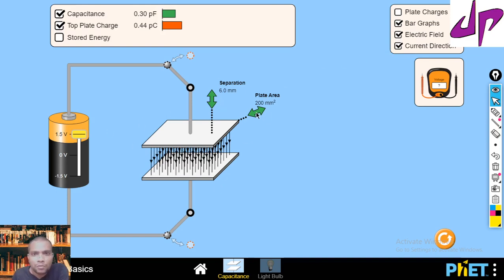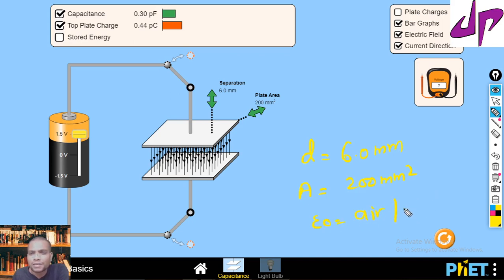With the help of this arrow mark, the dimensions are mentioned here: the distance D equal to 6 millimeter and the area A equal to 200 millimeter square, and the medium, epsilon naught, is air or vacuum, which you can take as almost one. Now, with these dimensions, what is the capacitance?